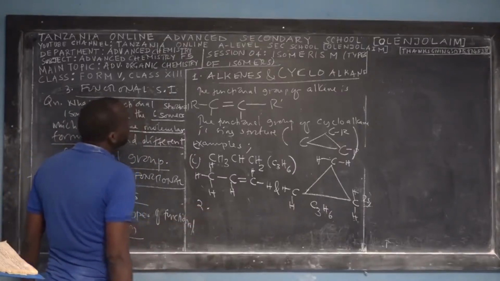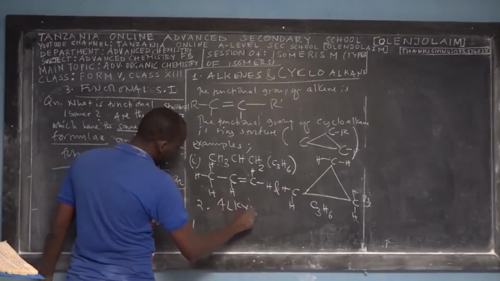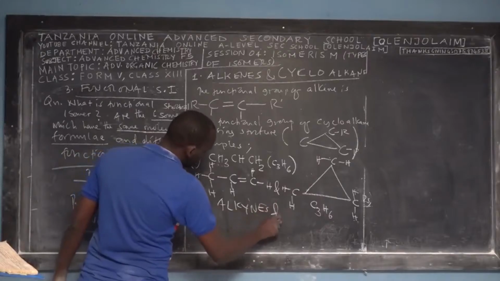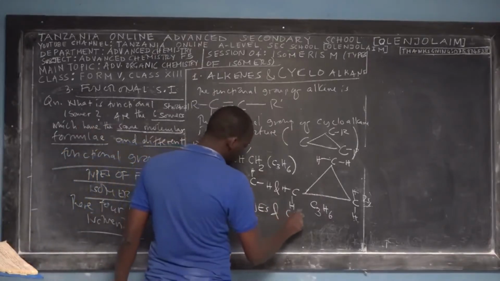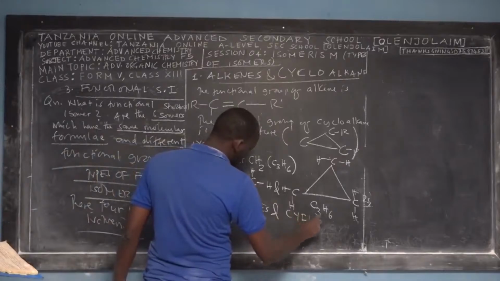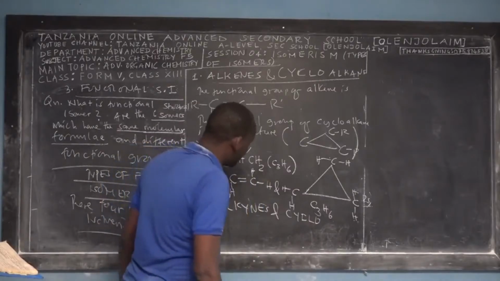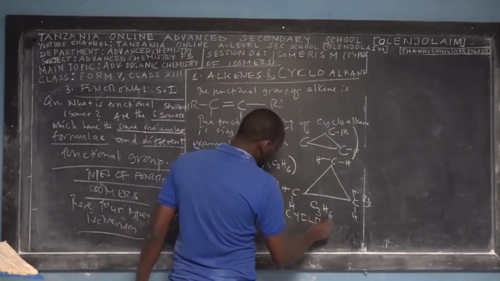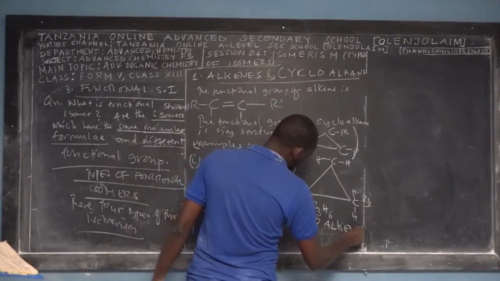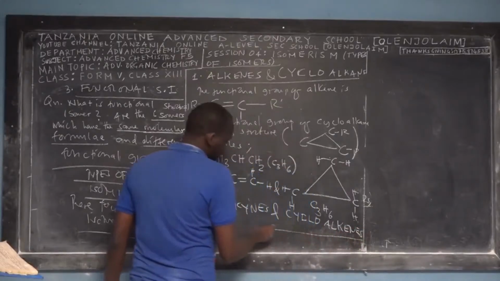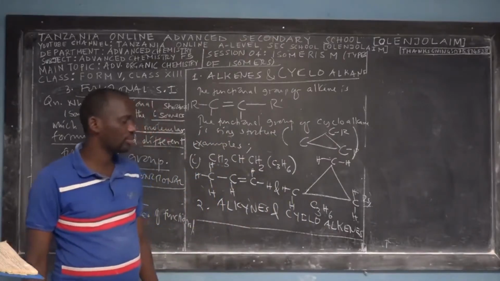The second type is alkynes and cycloalkenes.